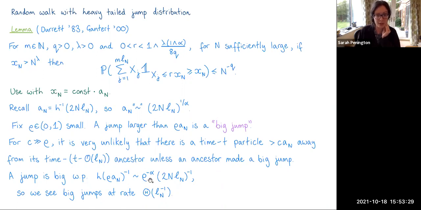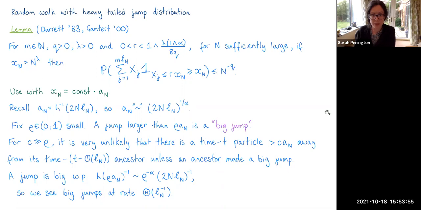So this goes like rho to the minus alpha times 2n ln to the minus 1. So what rate do we see big jumps in our process? Well, at each time step in our process, we have 2n jumps that happen. And so the rate that we will see big jumps happening is of order ln to the minus 1. So that's going to be useful as well.